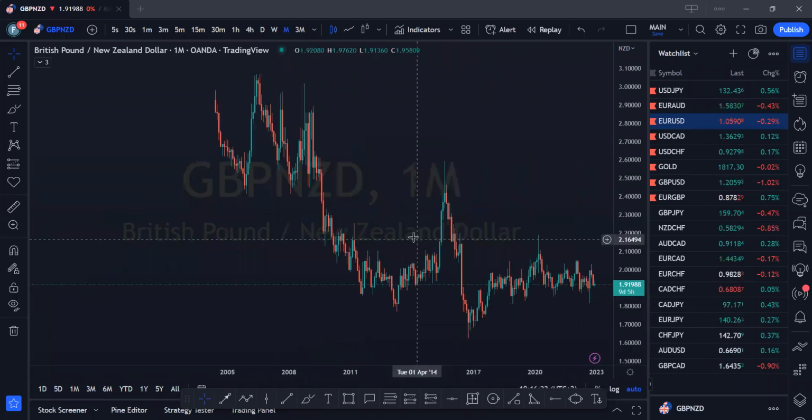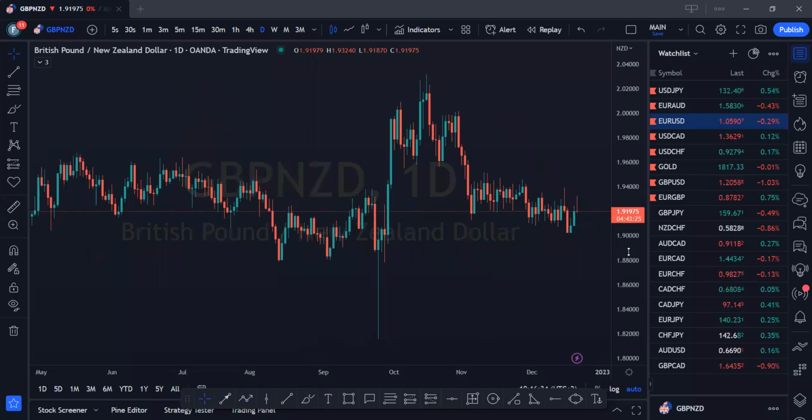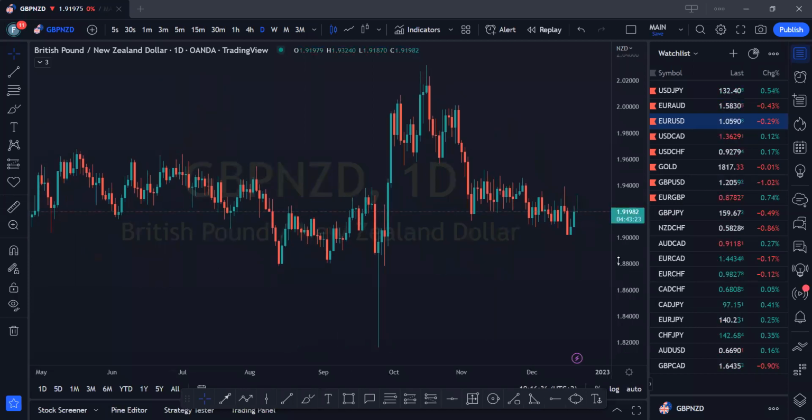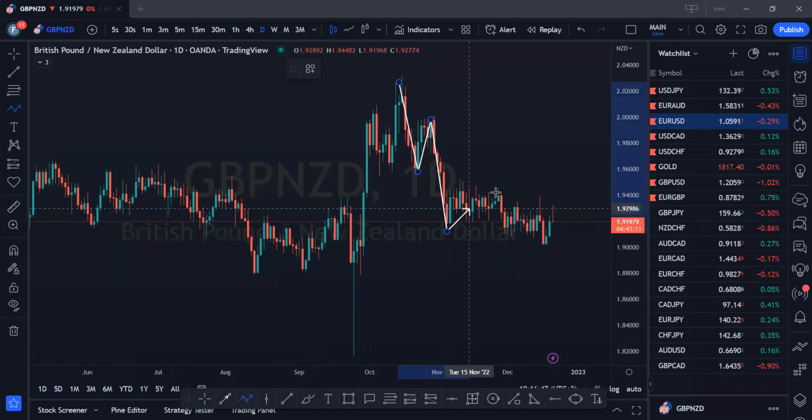All right. So overall, on the monthly chart, price is in a downtrend. Let's go to daily. What do we have on daily here? We've seen a bit of a shift here. So let us work with this structure here on daily. Price is doing something like this.